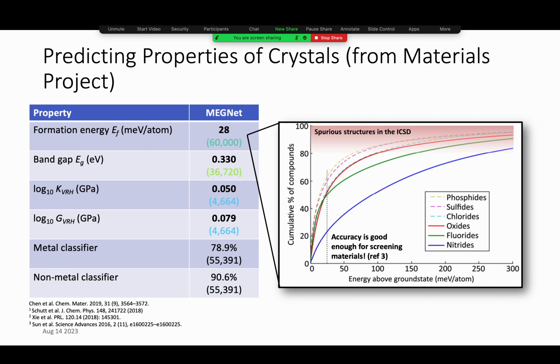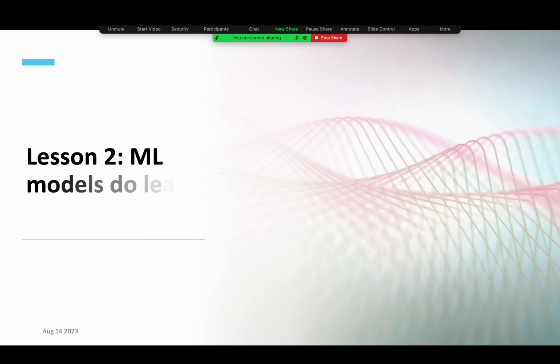Now, the second lesson that I learned from doing machine learning and materials science very early on was that these graph neural network models actually learn chemistry. And how do they learn chemistry?